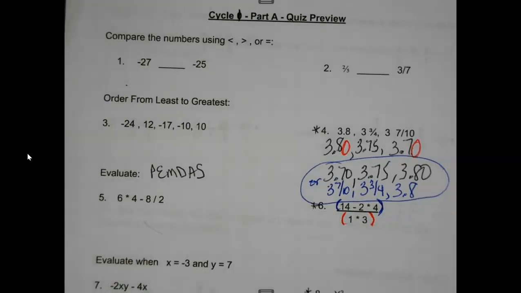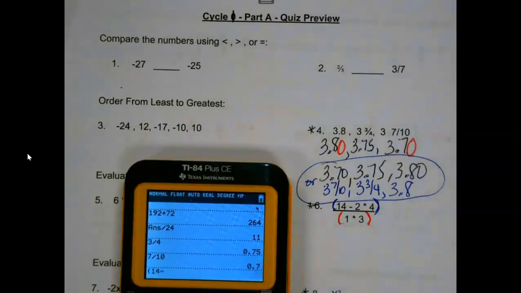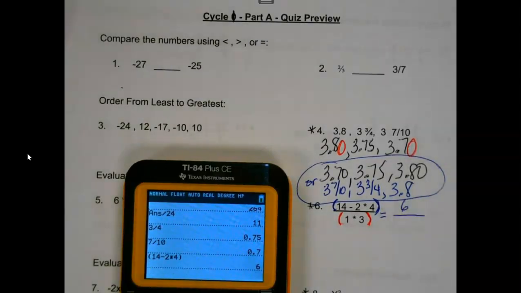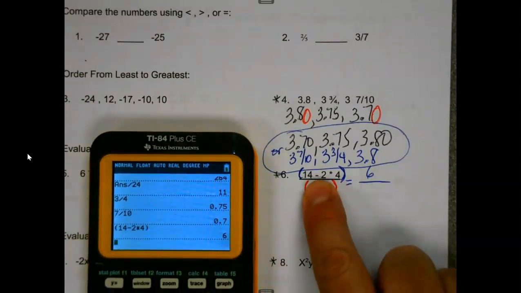I want to do the denominator by itself. So if you're just doing it off the top of your head, you're going to want to be cautious because you can't just go from left to right. Because here, multiply comes before subtract does.